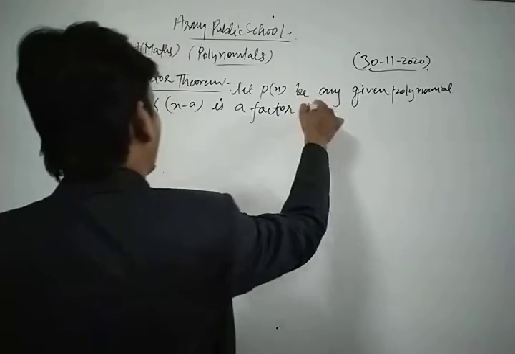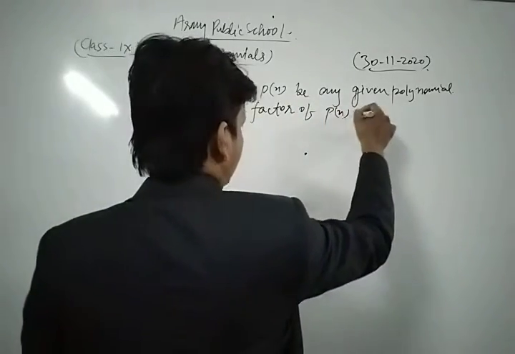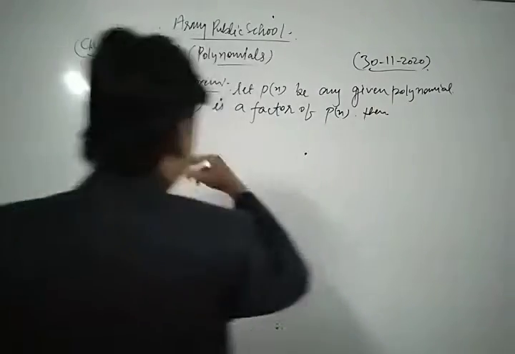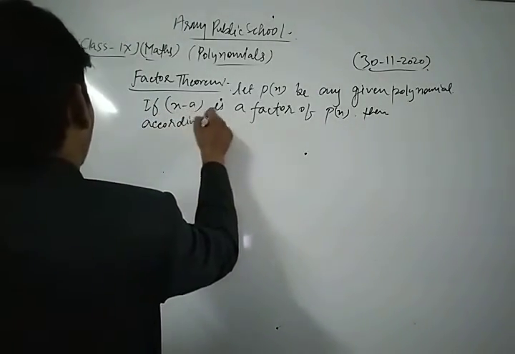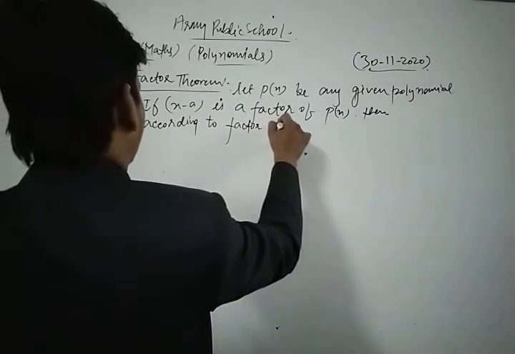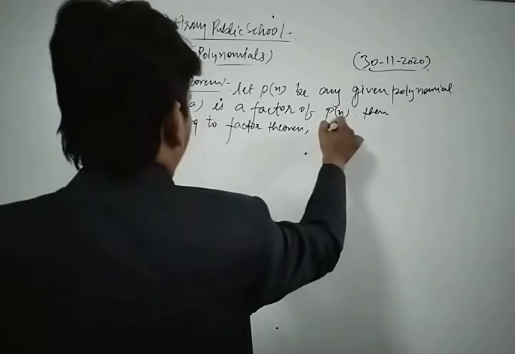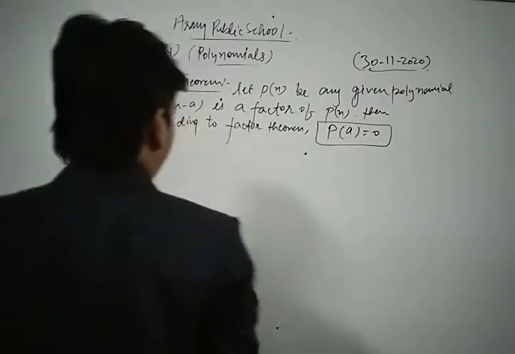If x minus a is a factor of the given polynomial P(x), then according to the factor theorem, P of a must be equal to 0.